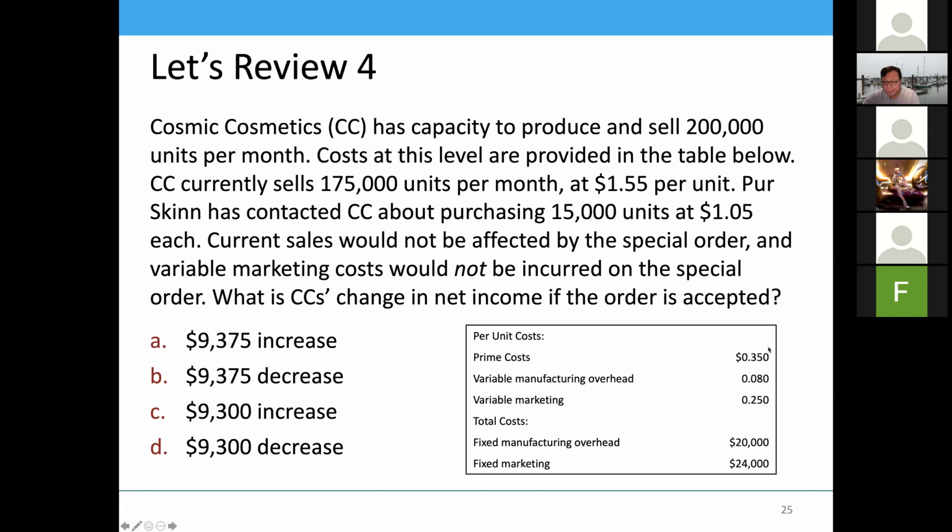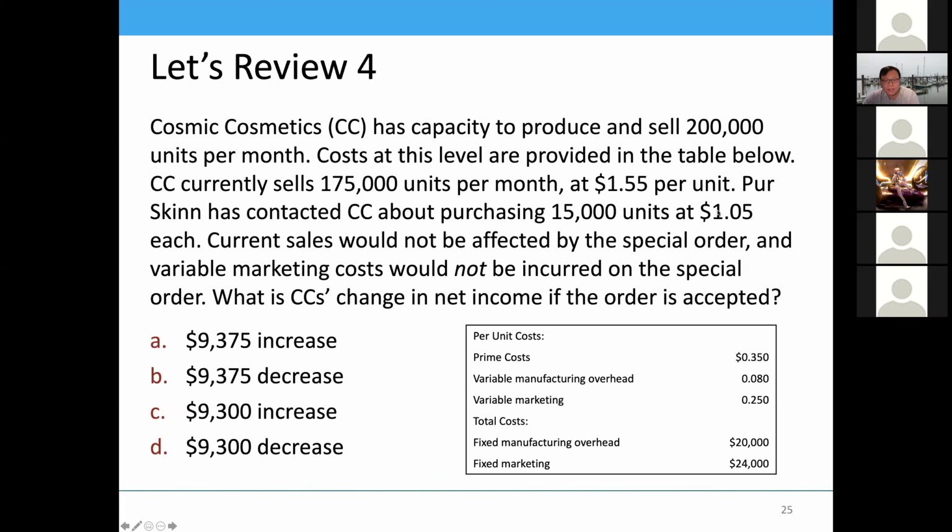Okay, this is how I do it. I will add the costs that are relevant. So basically the variable overhead and the prime cost are still relevant, right? So that's 43 cents.